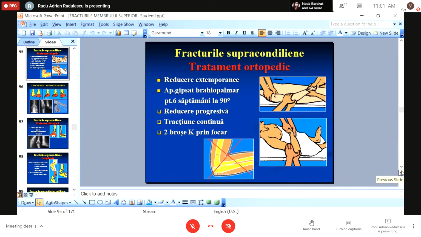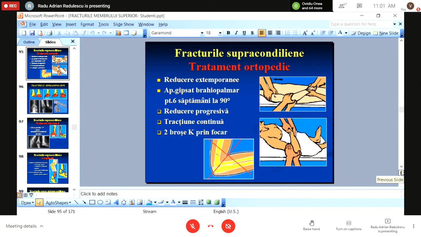Treatment of these fractures is in most situations orthopedic. First of all, that's because these fractures occur mainly in, let's say, children and teenagers.